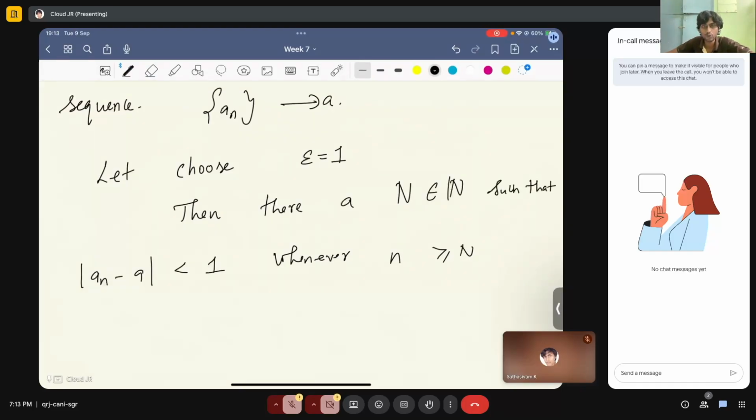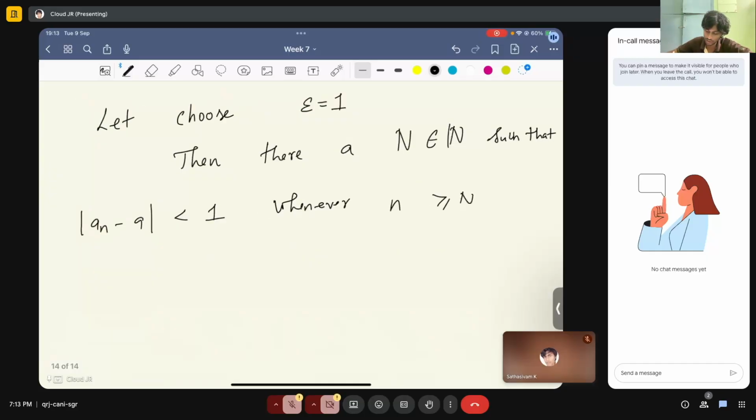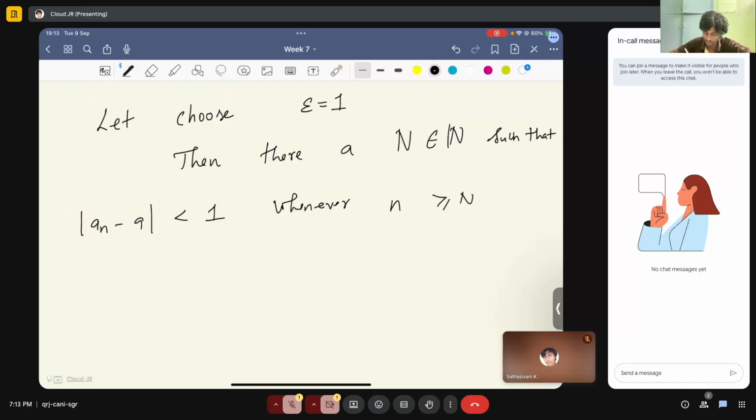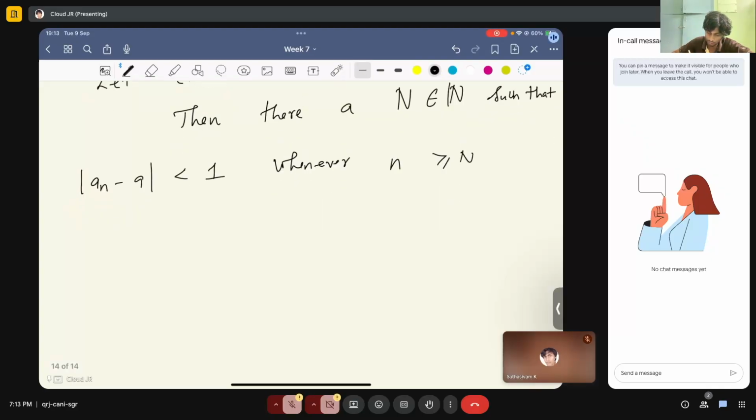Okay, now what do you do? Here you apply the triangle inequality. Not exactly, you have to apply a similar inequality, like the reverse triangle inequality. So |a_n| minus |a| is less than or equal to |a_n minus a|.